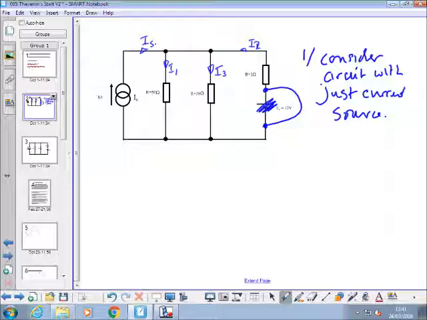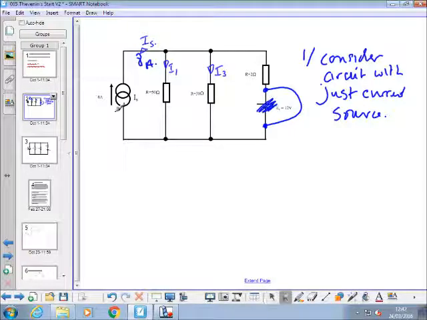And then we analyse like we would any other normal circuit with one source in it. So the only thing we know at the moment is that we've got 8 amps flowing as IS, and we've got the values of the resistors. In that circuit, what would we assume the direction of this current up here?